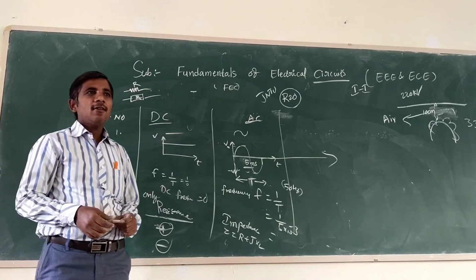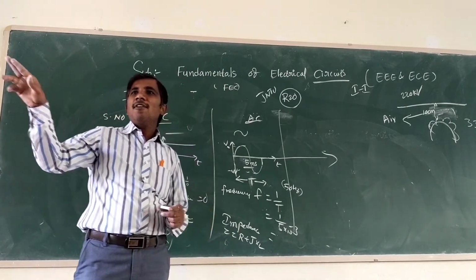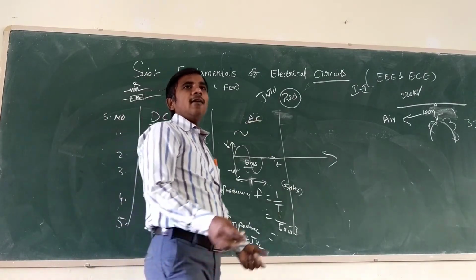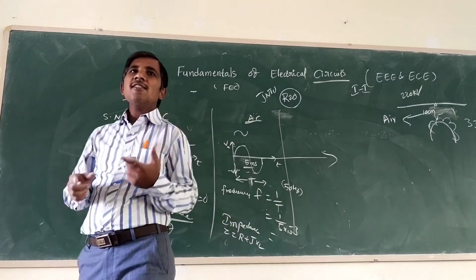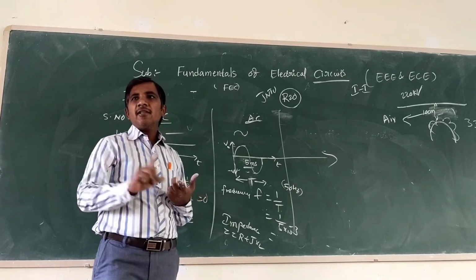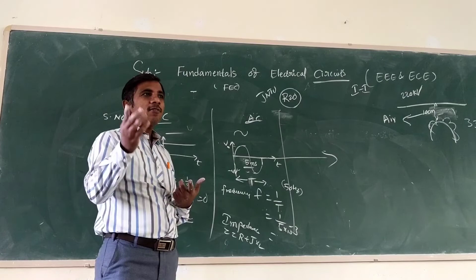For AC, what do we have? There are two terminals again. Single phase and three phase are present here. Single phase we get in the home. For industries we get three phase supply. Suppose rolling machines in the streets, flour mills, they have 3-phase supply.